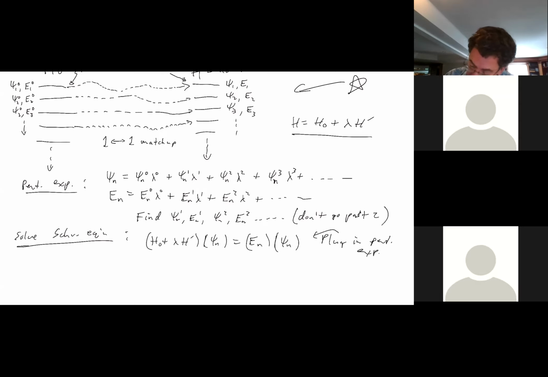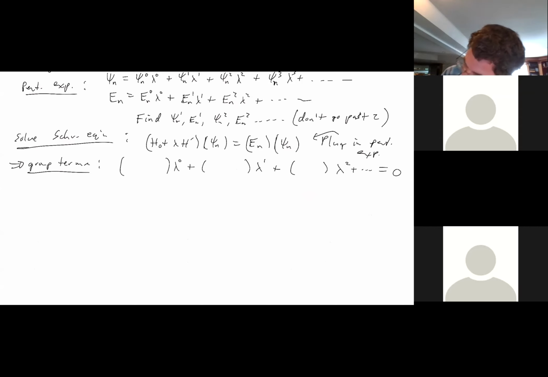When you do that, the next thing to do is group the terms that have the same order. We find some mess of stuff times lambda naught, plus some mess of stuff times lambda to the 1, plus some mess of stuff times lambda to the 2, plus ... equals 0.